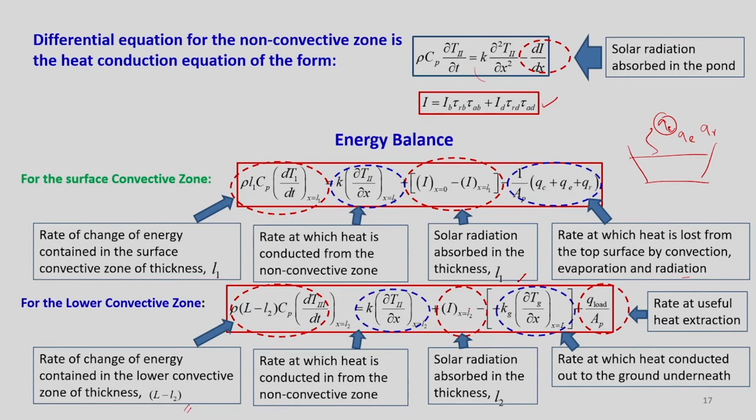This is the solar radiation absorbed, and k_g dTg/dx is the rate at which heat is conducted out to the ground underneath. Q load, in the lower convective zone, is our utility, the rate of useful heat extraction, represented by Q load by A_p. These need to be studied critically to investigate the performance of a salt gradient solar pond.